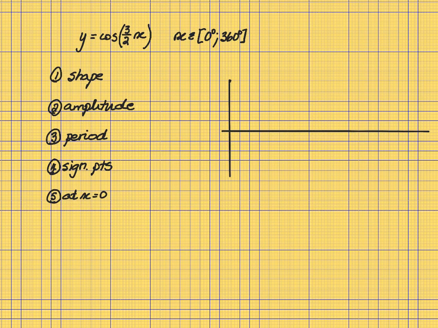Now we need to sketch the graph of y is equal to the cos of 3 over 2x from 0 to 360 degrees. Let's write down the general function y is equal to a cos bx and match that up with our function.